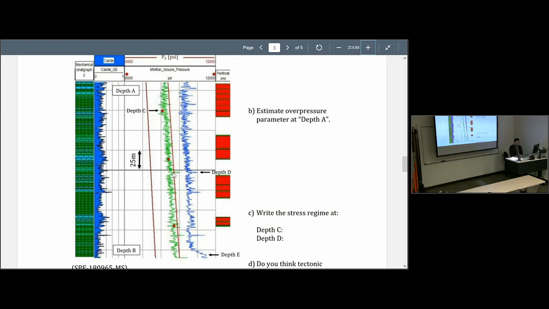Now the minimum principal stress is the vertical stress, intermediate is minimum horizontal, the maximum is maximum horizontal. So at this particular depth, this one is reverse.